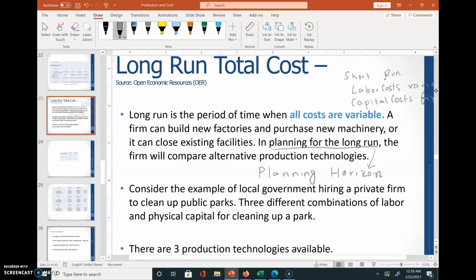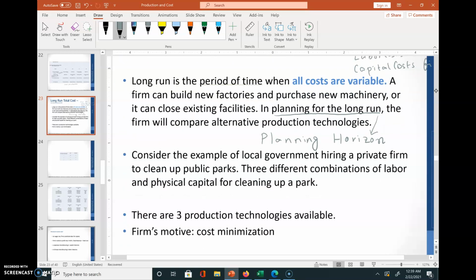However, in the long run, all the costs are variable. The firms can hire more workers, let some people go. They can open new factories, close some facilities, purchase new machinery and equipment. So the long run is technically the planning horizon.